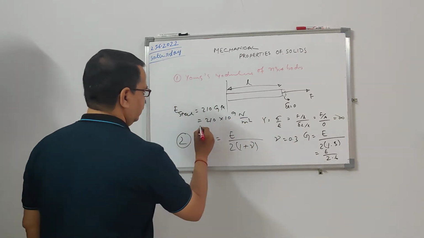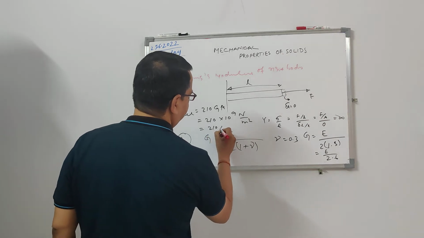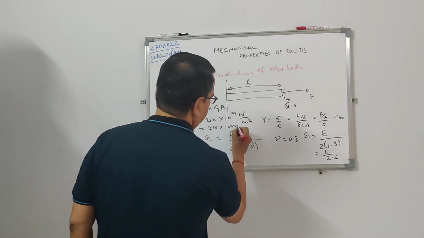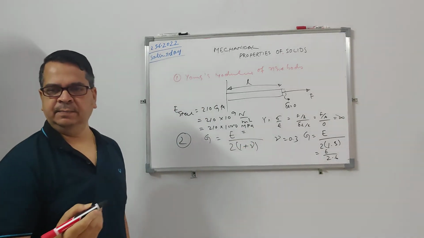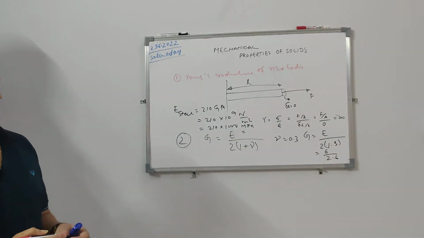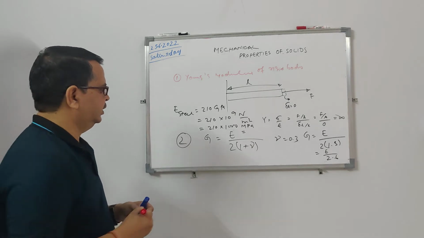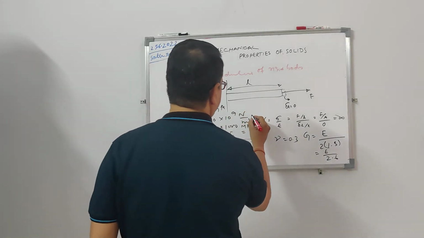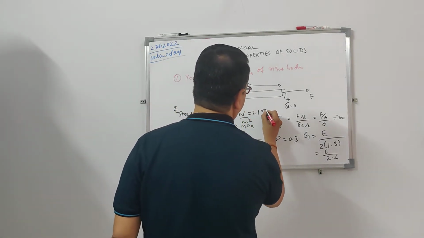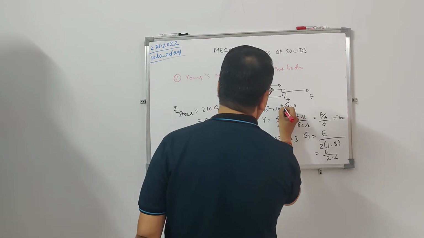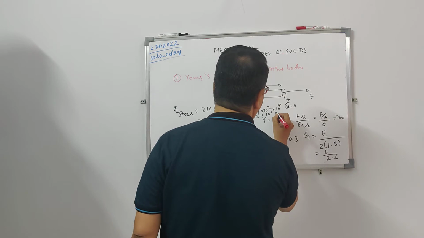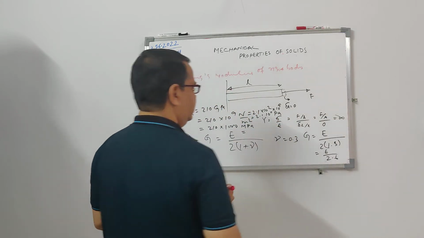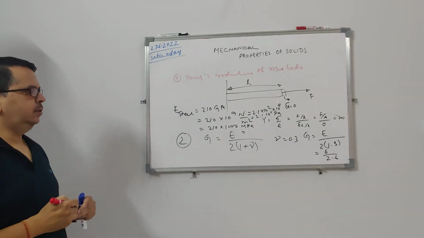Otherwise we can write it as 210 into 1000 MPa, which is nothing but 210,000 MPa. It is always in the order of 10 power 11, because it is 2.1 into 10 to the power 2 into 10 to the power 9. So it will be 2.1 into 10 to the power 11 Pascal. So that is the kind of value.